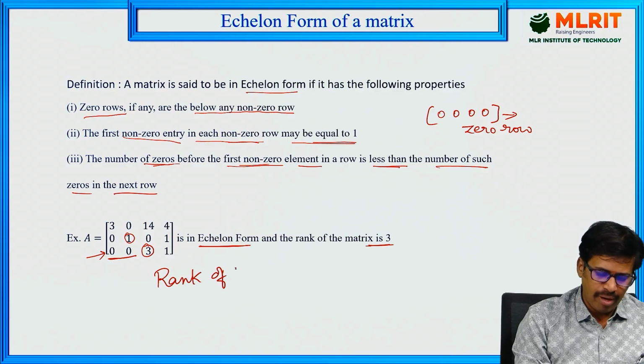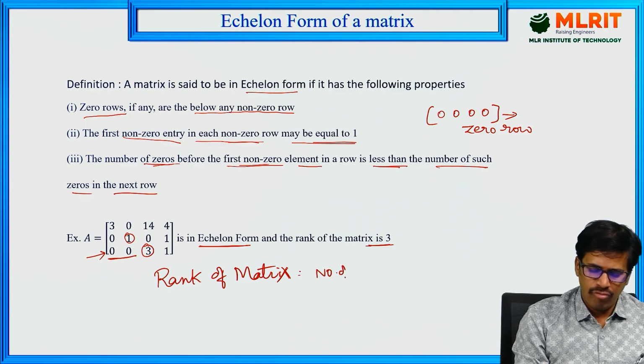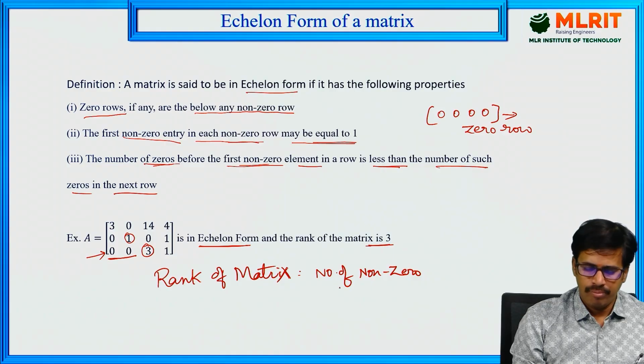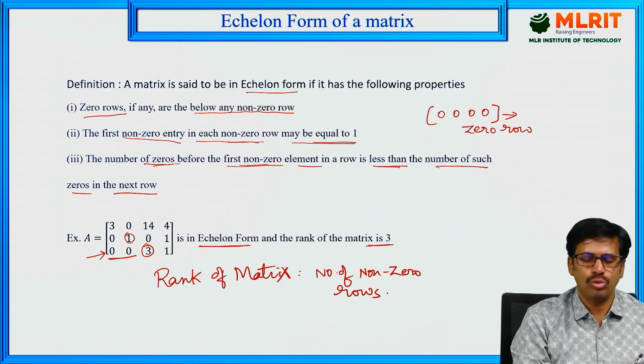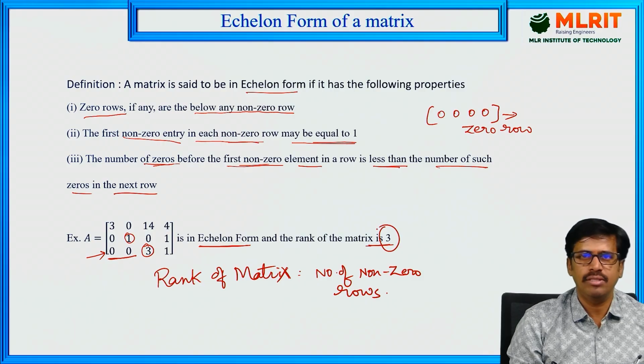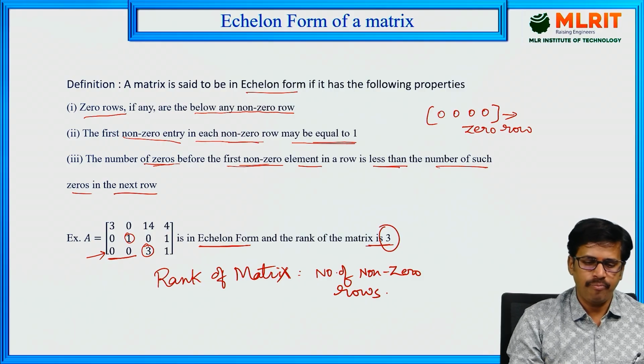Rank of a matrix by using echelon form is the number of non-zero rows. Here we have 3 non-zero rows, so we say that the matrix has rank 3.